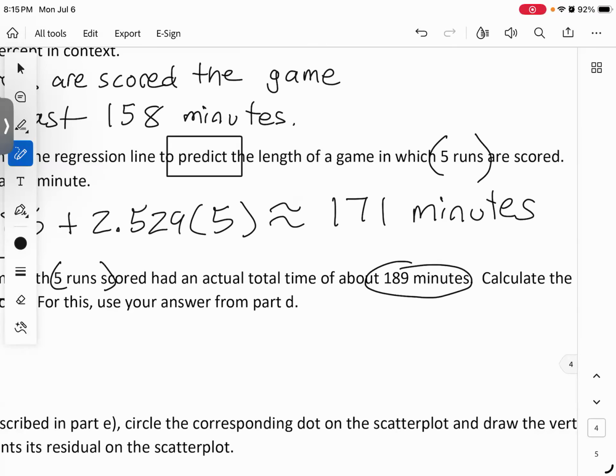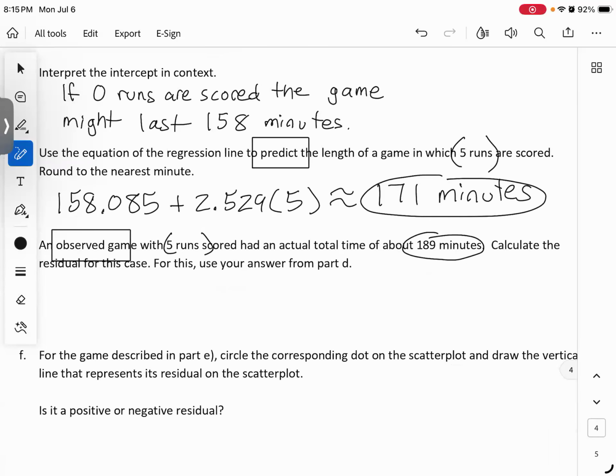So the 171 right here is your predicted, and the 189 is your observed. So the residual would be observed minus predicted every single time. And you would get a residual of 18.